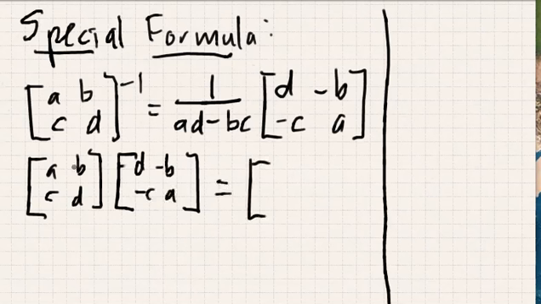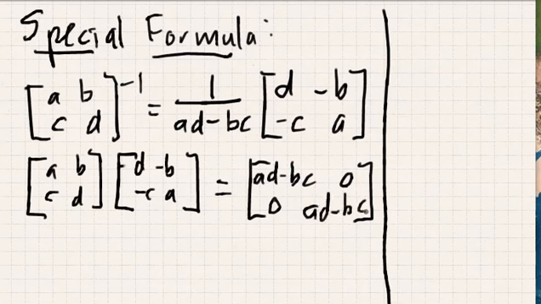A times D minus B times C, so I have AD minus BC in the upper left. A times negative B plus B times A, that's 0. C times D plus D times negative C, that's 0. And C times negative B plus D times A, that's the same thing, AD minus BC. So if I divide this guy by 1 over AD minus BC, this will become the identity matrix.